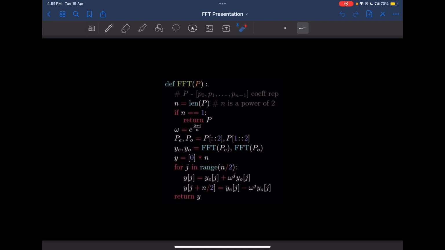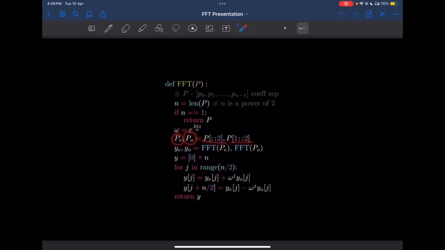So this is the fast Fourier transform algorithm, where we define an input array of length n, and we say that if the size of that array is 1, then we return the same value. If not, then we define the roots of unity, and then we define the odd polynomial and even polynomial arrays.